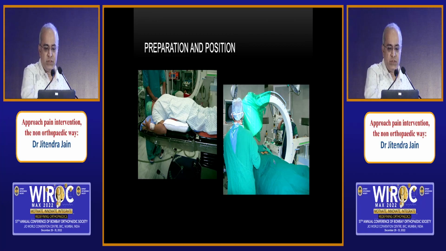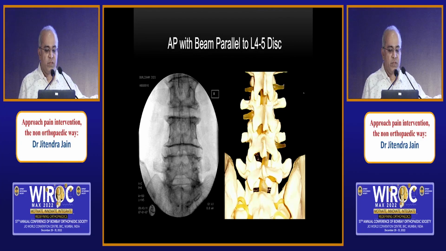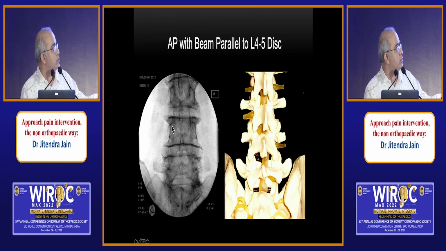So positions: prone position, usually for lumbar. I try to put a pillow so as to decrease the lumbar lordosis. This is how a spine, as Dr. Ingalhalikar has already mentioned, squaring off.